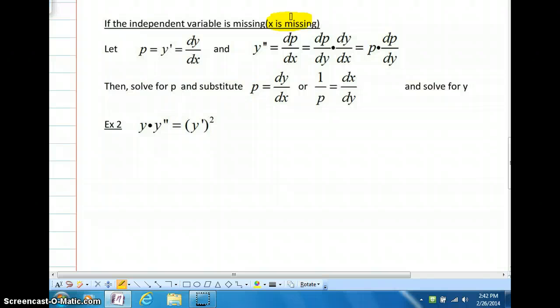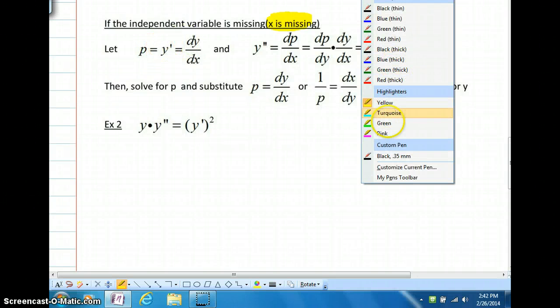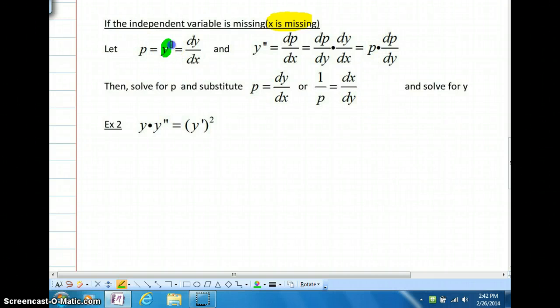You could have other forms of y in this differential equation, but x must be gone. Well, where are we going with this? Same beginning, same exact beginning. Let's say wherever we've got y prime, which is dy dx, call that p.